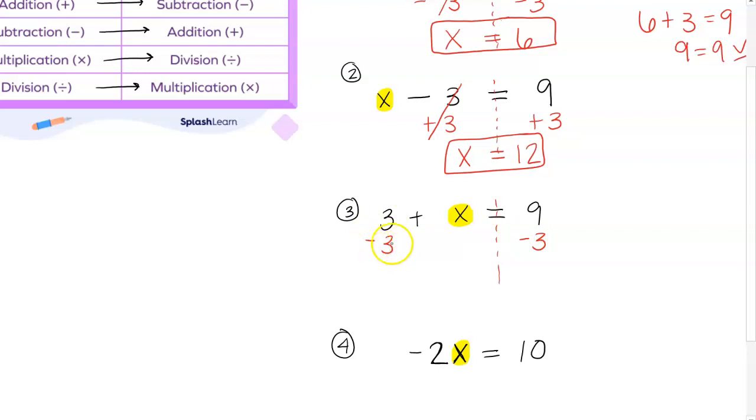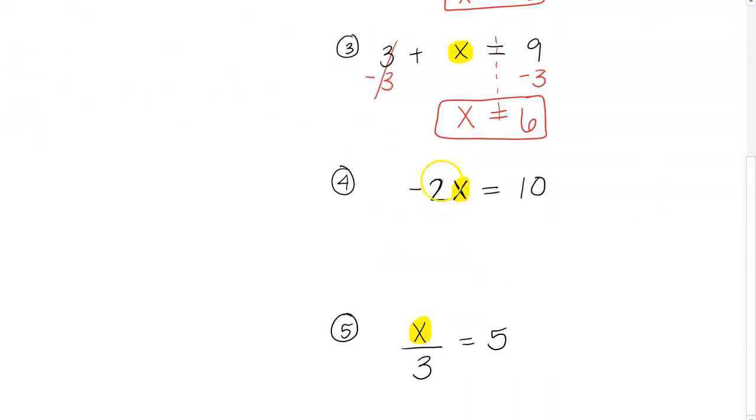Okay, so 3 minus 3 becomes 0 on this side, leaving us with just the x, and 9 minus 3 on this side becomes 6. And again, you can check that by substituting 6 back in for x, and seeing if it's equal on both sides.